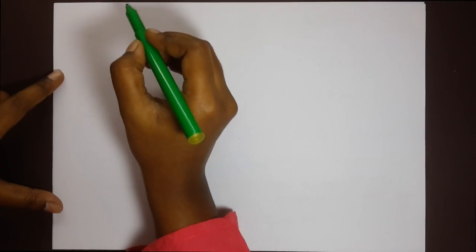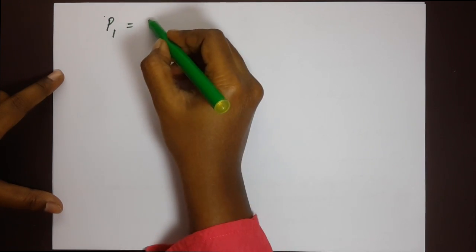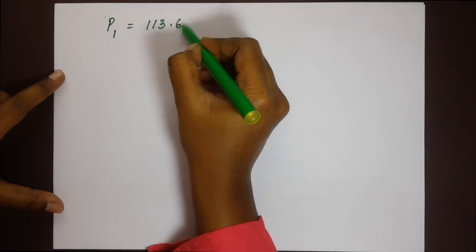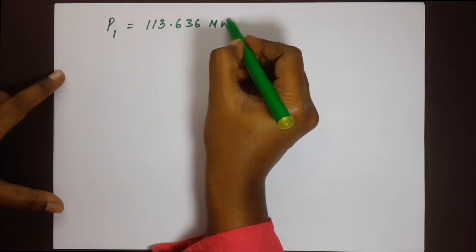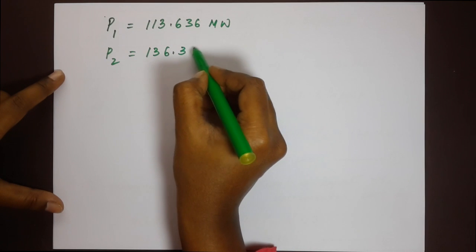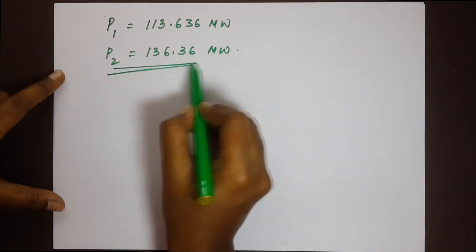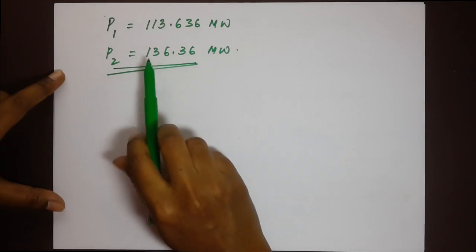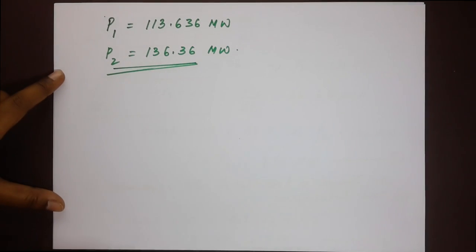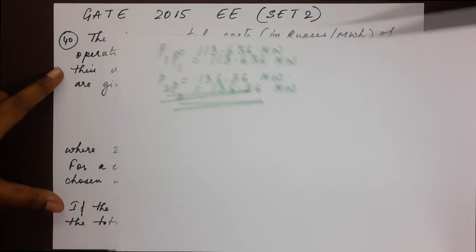You should get a value of P1 as 113.636 megawatts and P2 as 136.36 megawatts. Now the question asks you for P2 alone, so the value that you should write down is 136.36 megawatts.